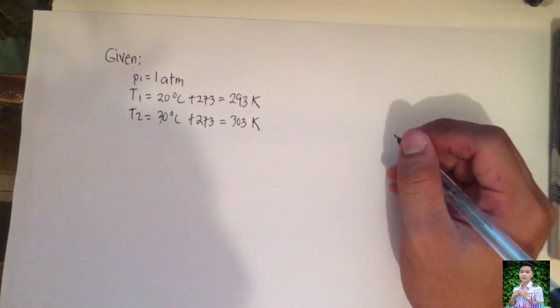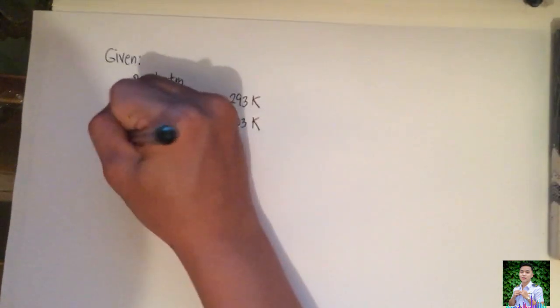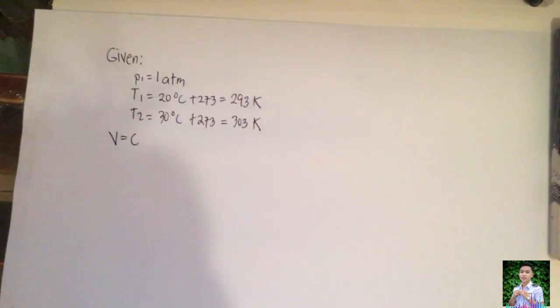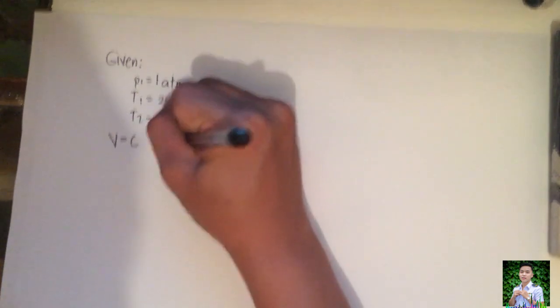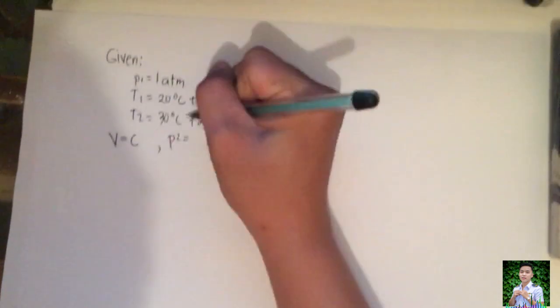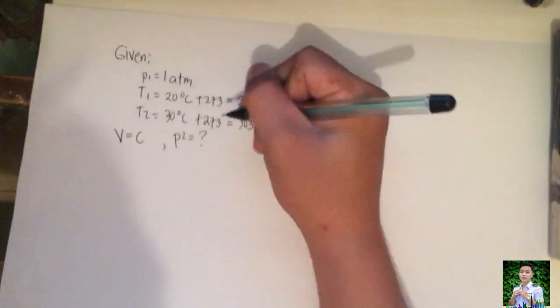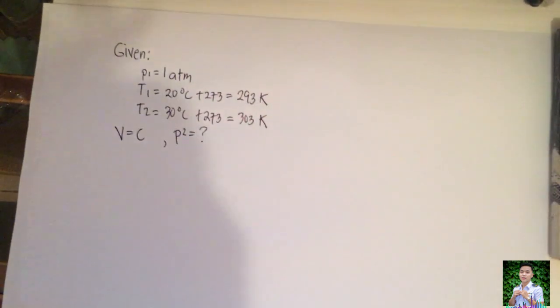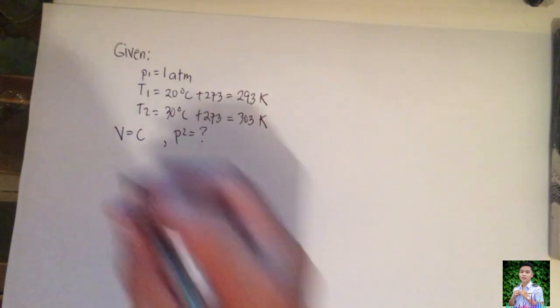Based on the problem, we can say that volume is constant. And P2 is missing. Basically, we can use the second part of Charles' formula, which is P1 over T1 is equal to P2 over T2.